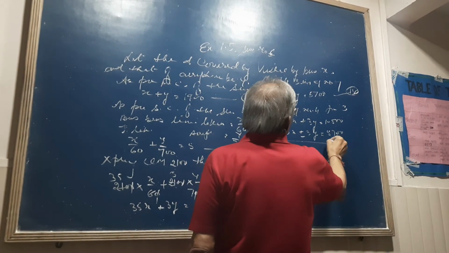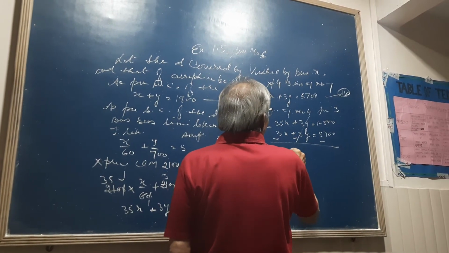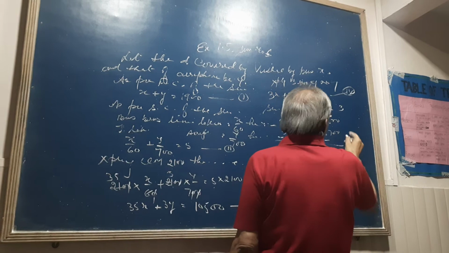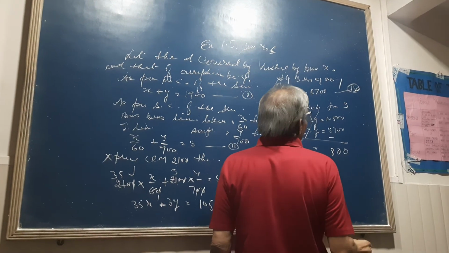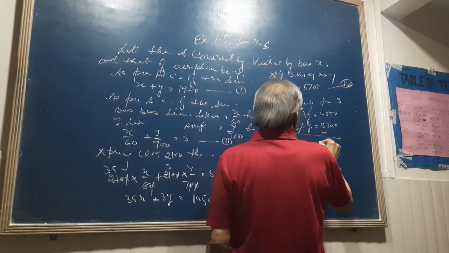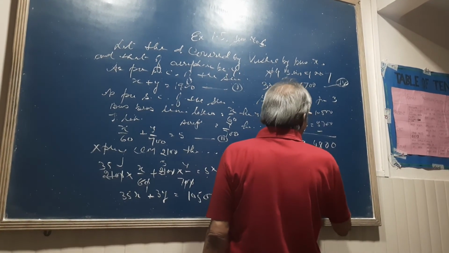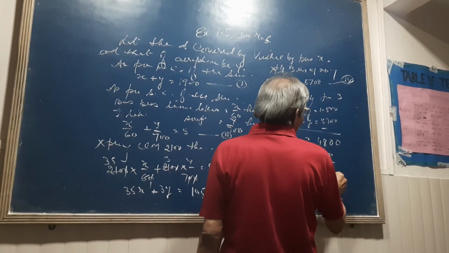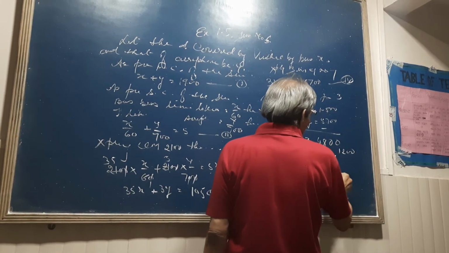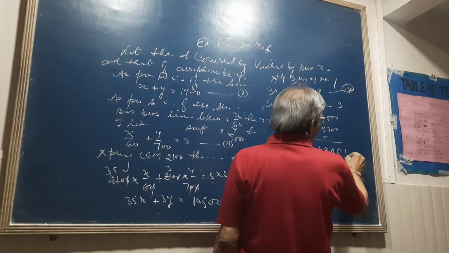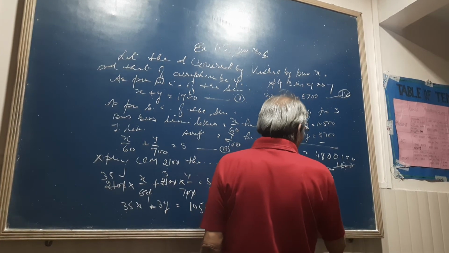These two cancel. 35X minus 3X is 32X, is equal to 10,500 minus 5,700, which is 4,800. So X is equal to 4,800 upon 32, which is 150 kilometers.